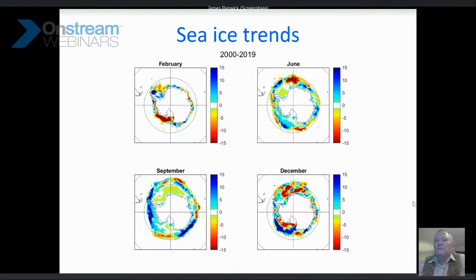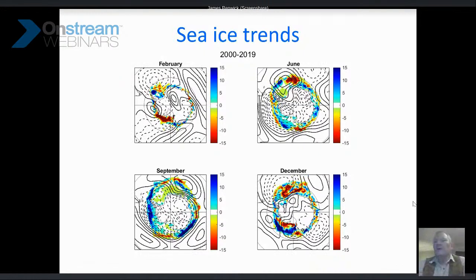And then you look at the most recent 20-year period, and the trends in the circulation are quite different. In September, again, we see a decrease in pressures over Antarctica and an increase in the middle latitudes. That's the signature of the southern annular mode, so stronger westerlies everywhere, but a deeper Amundsen Sea low.